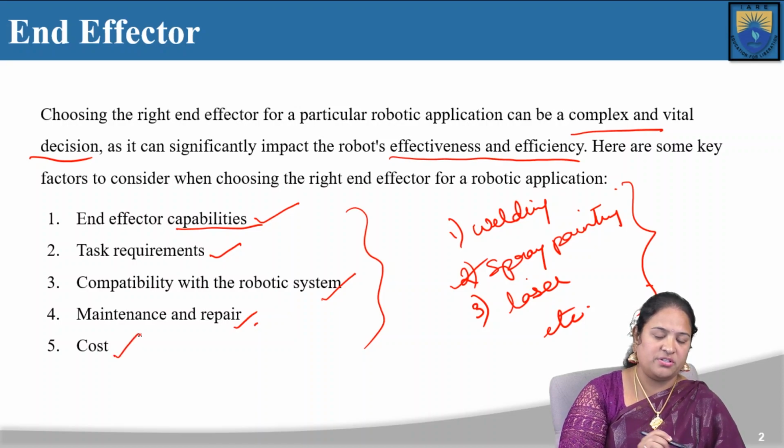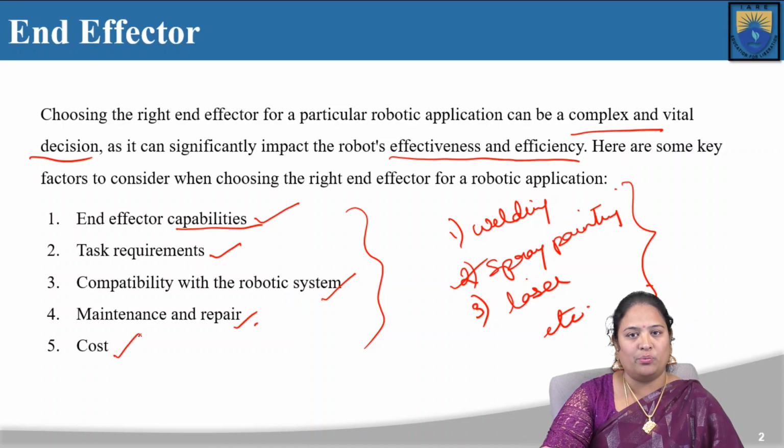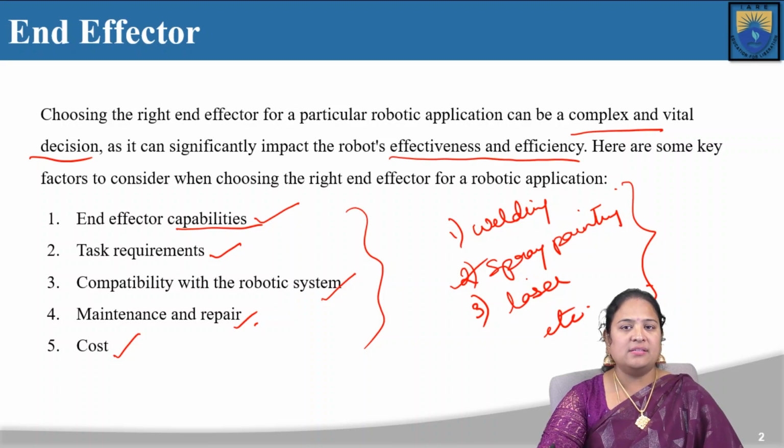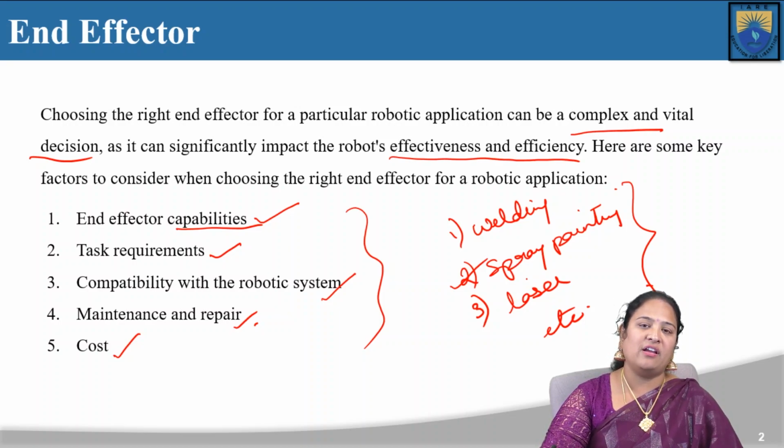Next, coming to the cost effectiveness. As we all know, any large scale or small scale industries will majorly think about the cost. So the design and construction of an end effector should be less cost constrained compared to the other. That is, the cost of the end effector's design should be less compared to the other basic forms of the robot.